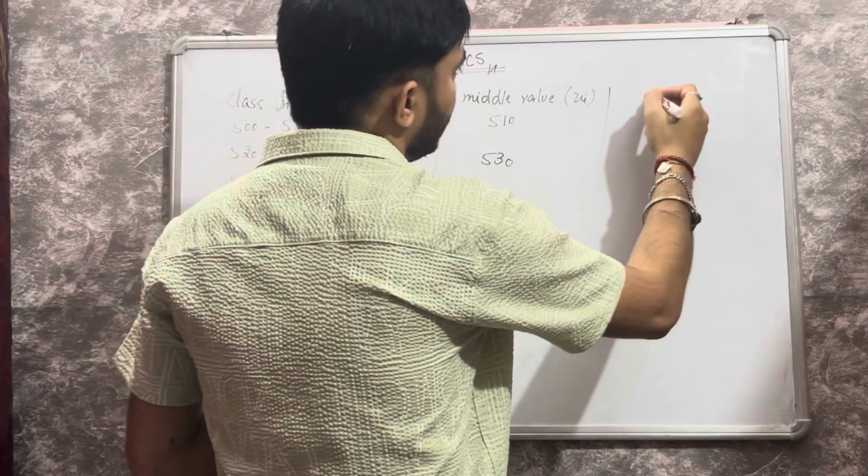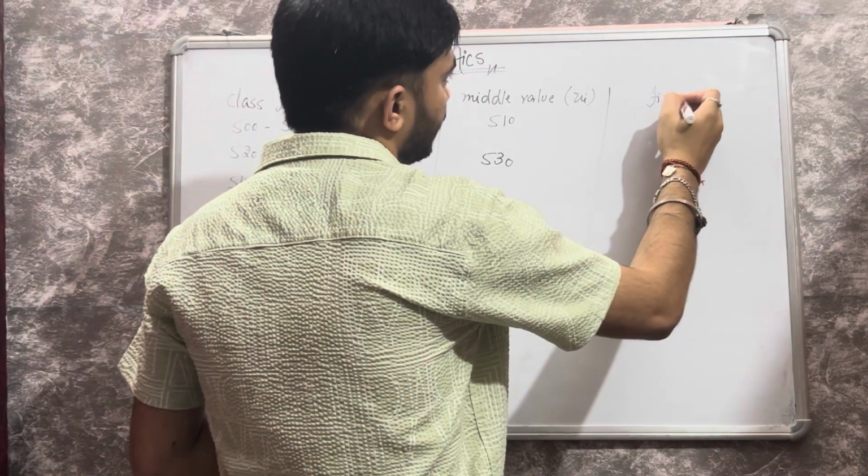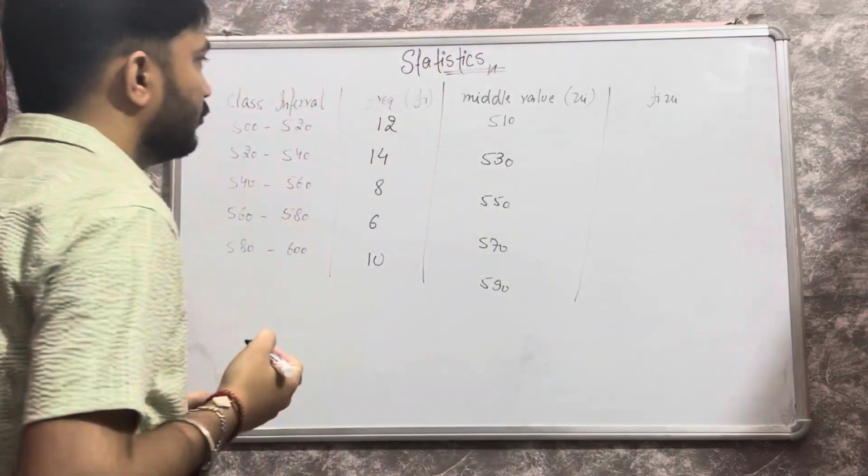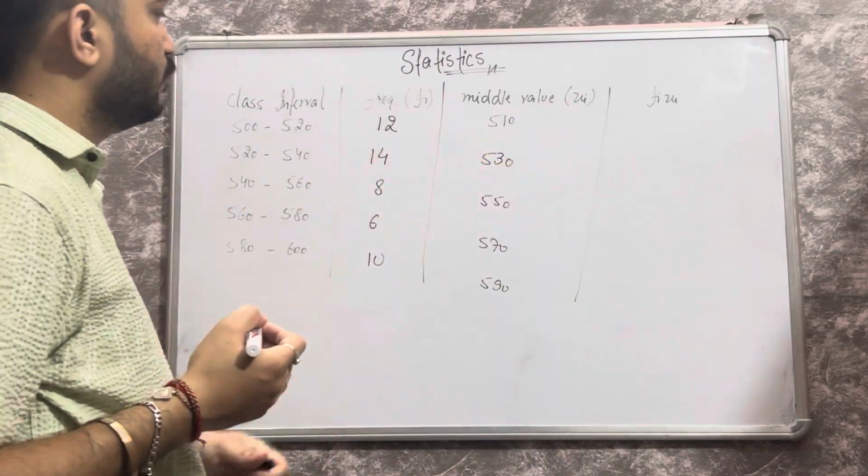Now we are going to find Fi into Xi. We have to multiply these numbers to get this value.